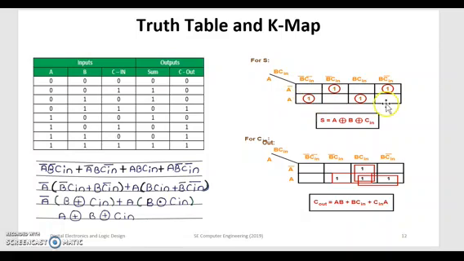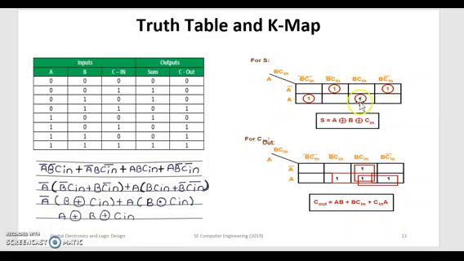See A, B and C in. Here you have to place the 1. So we have these 4 ones in the K-map. Now we cannot combine all these 4 ones in one group. Also we cannot combine them in a group of 2. So we have to circle them single.